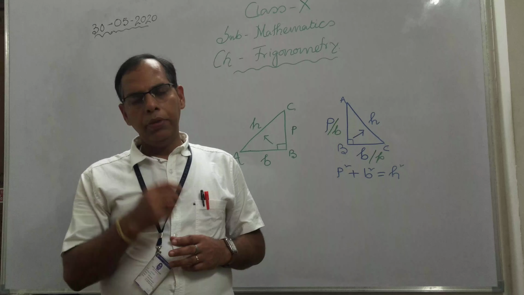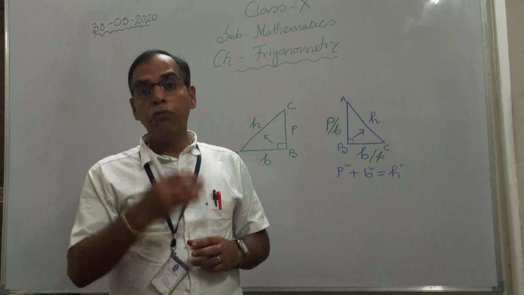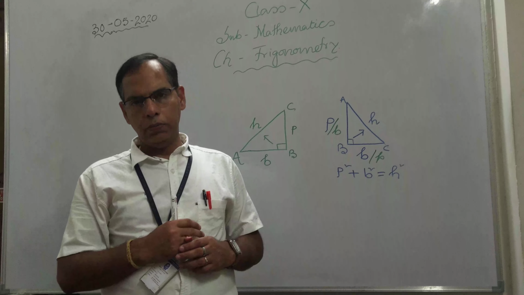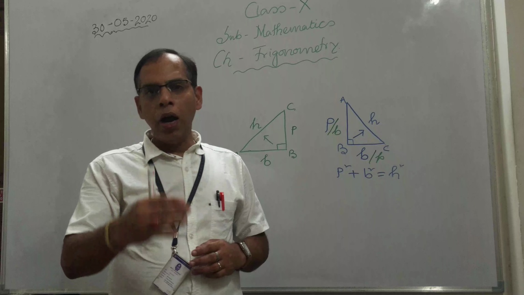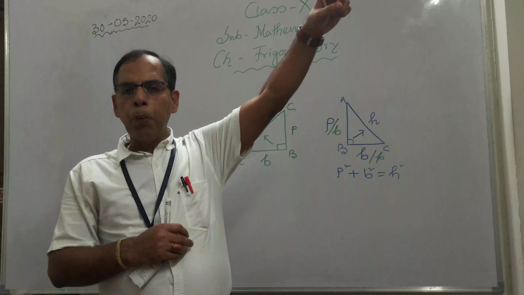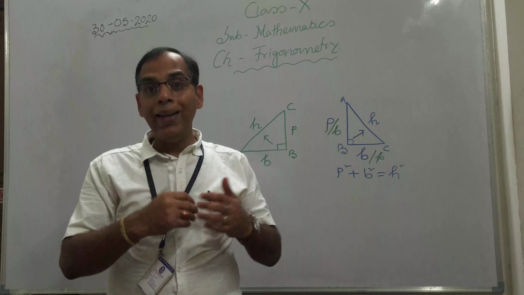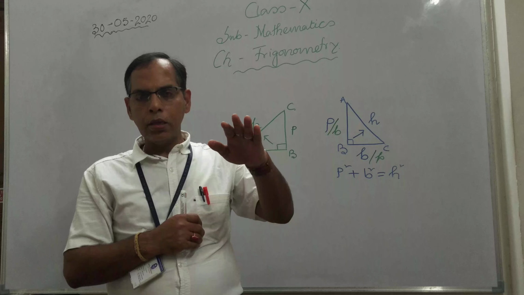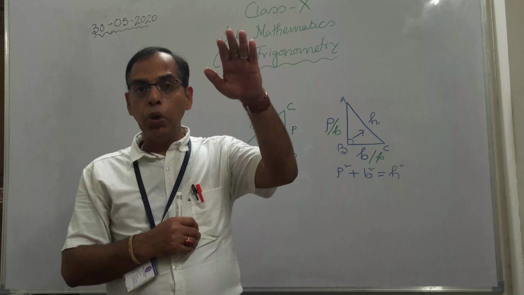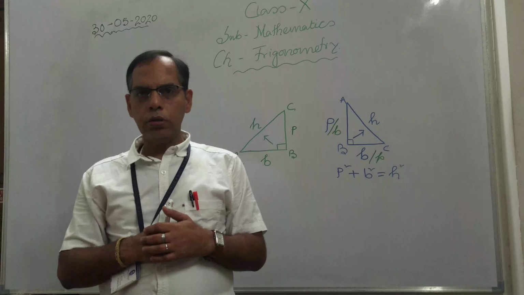Basically, that right angle triangle we have used, or Pythagoras theorem we have used, to find the height of the building, to find the length of the shadow, to find the length of the rope tied from the top of the pole to the base, or the length of the ladder which is hold on the top of the window to the base. So there we have used Pythagoras theorem.